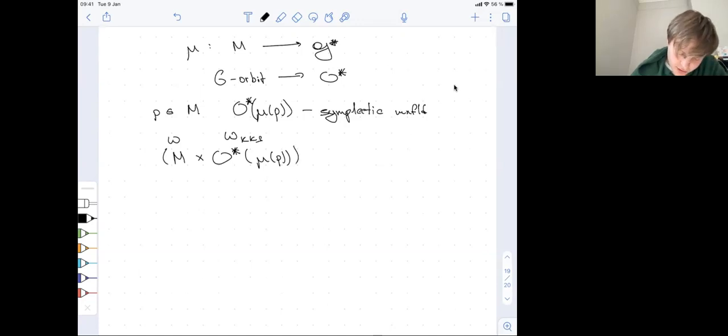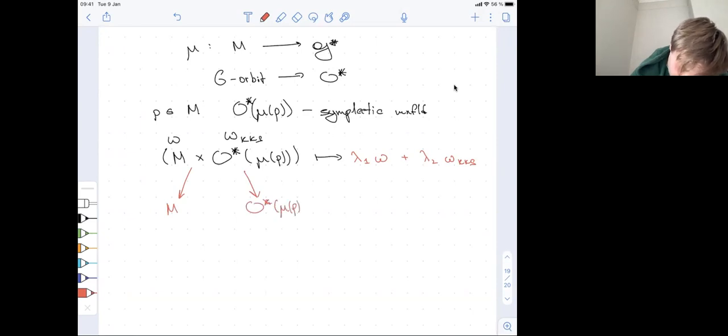Such a direct product is also a symplectic manifold, and actually there is a big amount of different symplectic forms, because I can take the following symplectic form: lambda 1 omega plus lambda 2 omega KKS. What I mean here is that from this space I have a projection map to M, and a projection map to the orbit O star of mu of P. And this means that I take the pullback of projection 1, and here I take the pullback of projection 2, right?